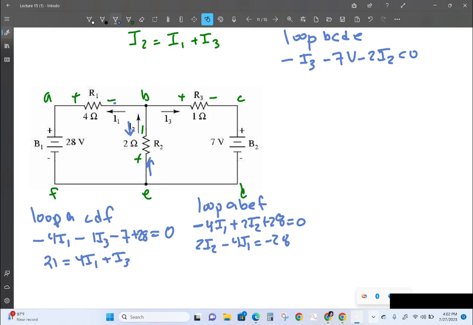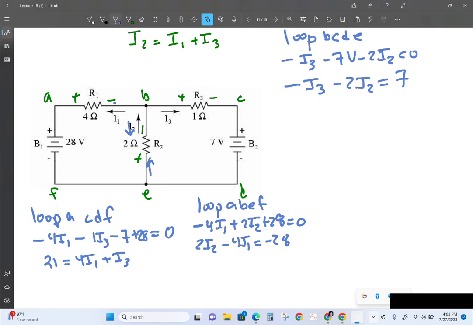So, where do I start? I know what I2 is, and I could substitute I2 into any of these equations to get rid of I2 and get it in terms of I1 and I3. I think I'm going to do that with this one right here. If I rearrange this, it's negative I3 minus 2I2 equals 7, adding 7 to both sides.